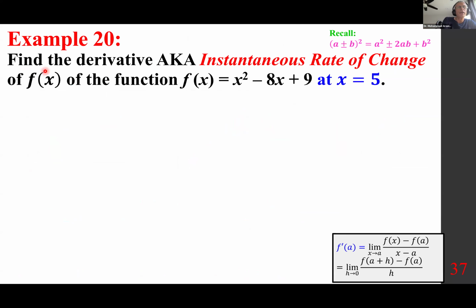Now, find the derivative, also known as the instantaneous rate of change, of the function f of x equals x squared minus 8x plus 9 at a specific point, x equals 5. Of course, we can find the general form and then change x to 5, but specifically we want to find f prime of 5 in this example. So here's what we do. We go with the definition.